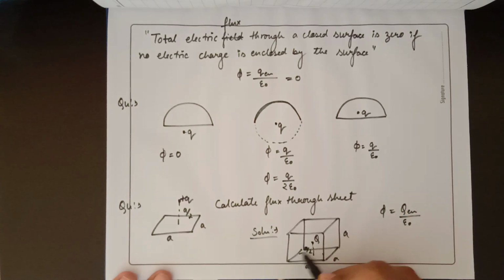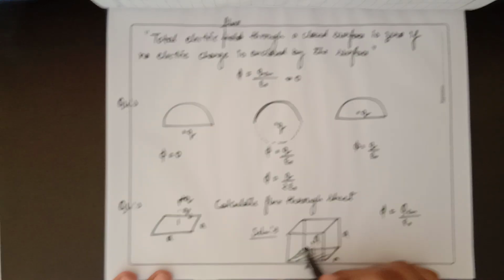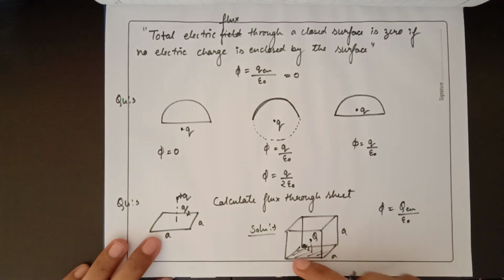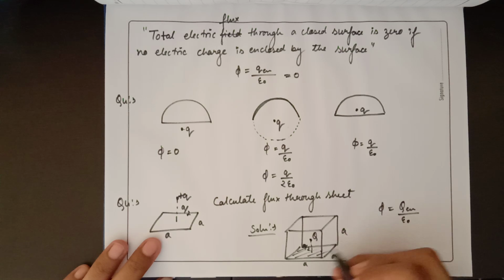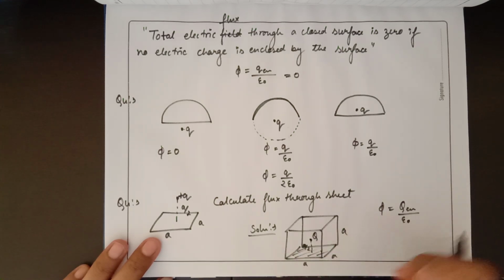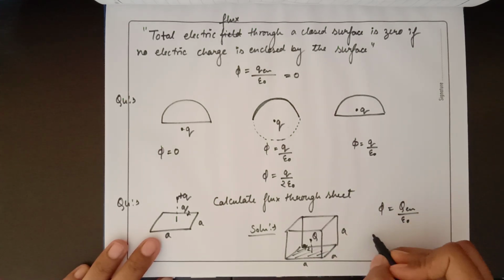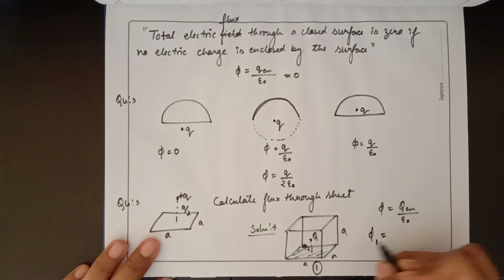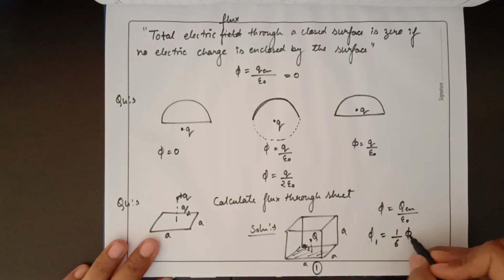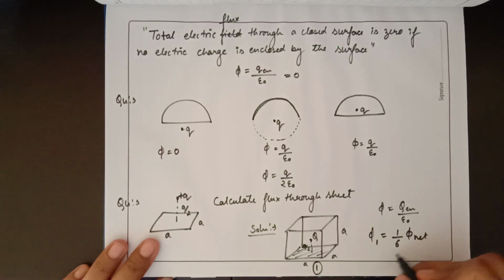And if I want to calculate the electric flux only through this bottom surface, I will take 1/6 of the whole. Suppose I say this is the first surface, so the flux through the first surface will be 1/6 part of the whole flux.